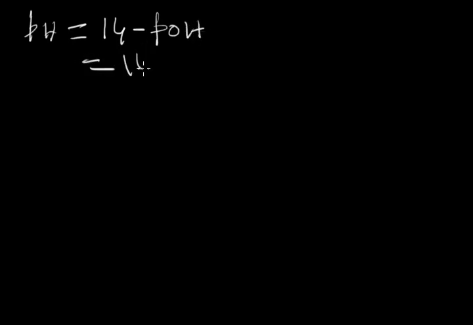Now we have to calculate the pH. pH is 14 minus pOH and the pOH value is 3.87. So the pH value is 14 minus 3.87, that is 10.13. So we can compare with the pH of a 10 to the power minus 3 molar NaOH solution.